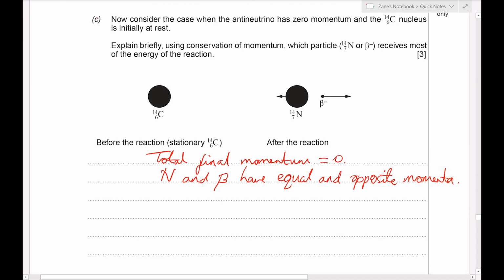Now momentum is mass times velocity, and because the nitrogen has a much bigger mass than the beta particle, the beta particle must be moving much faster than the nitrogen nucleus.